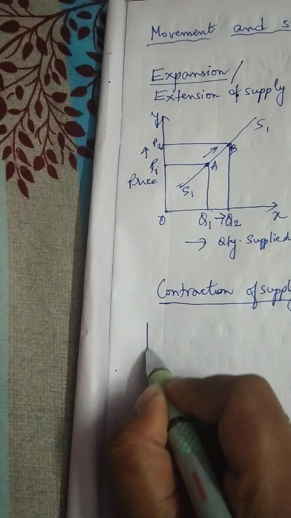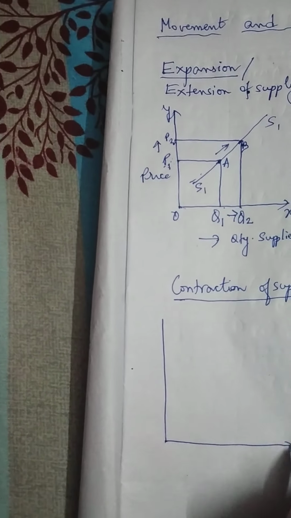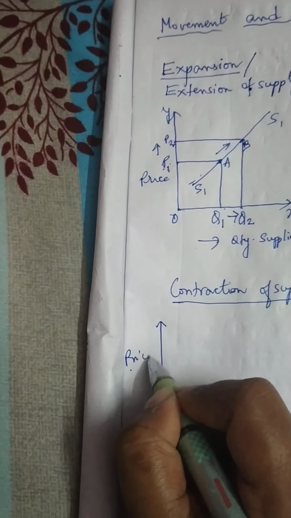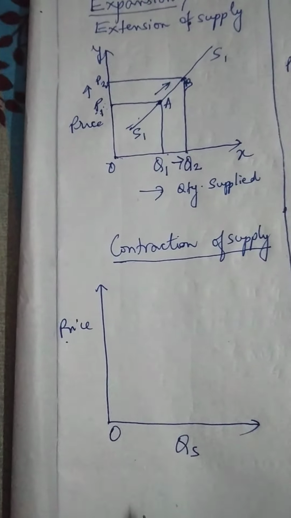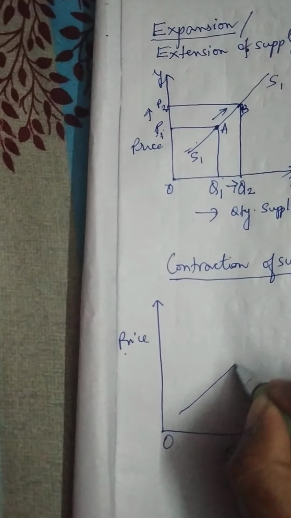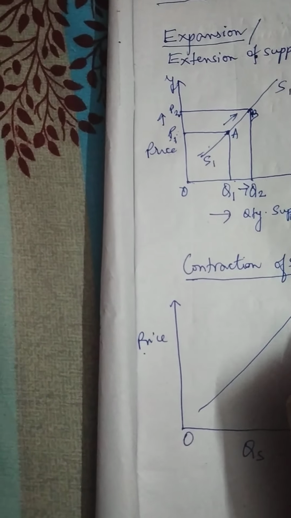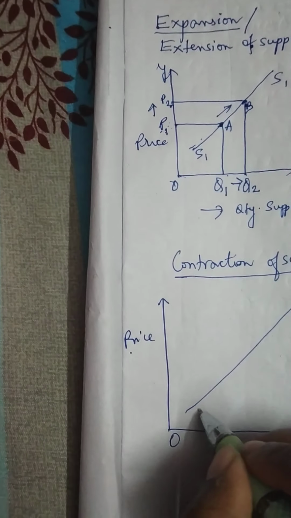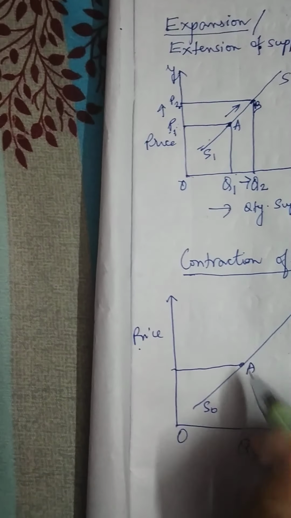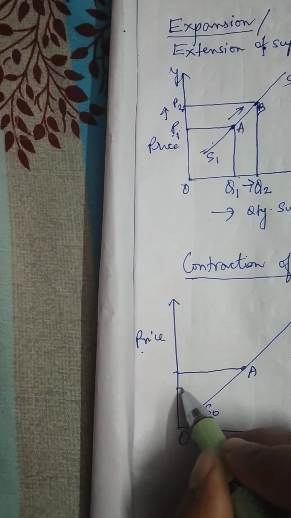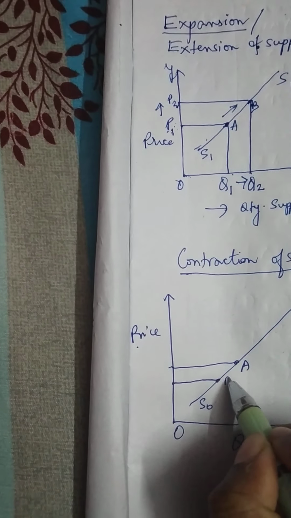So again we can show here we are measuring price, here we are measuring quantity supplied, say QS, I am writing in short. Again I am drawing a supply curve, say S0, S0. Initial point is A and then suppose the next point is B.